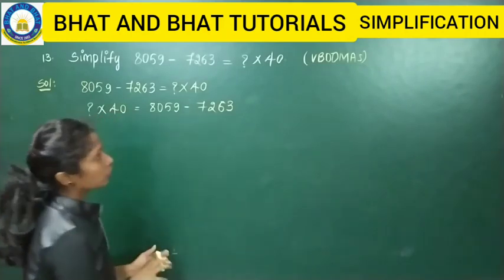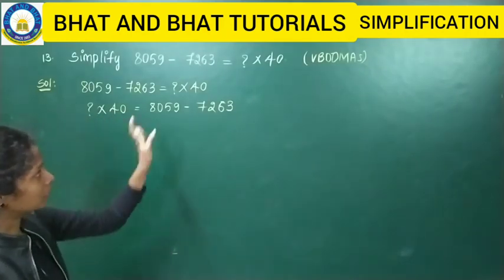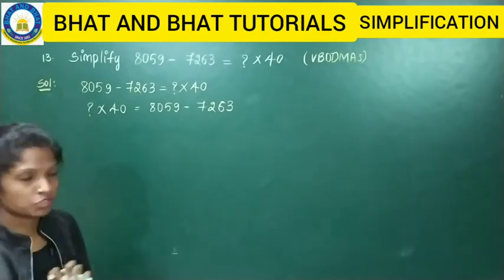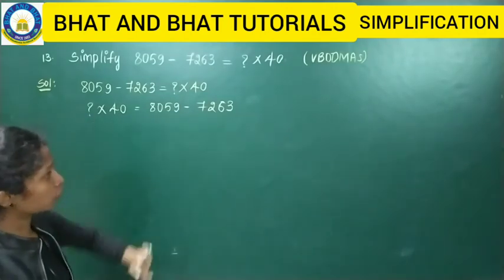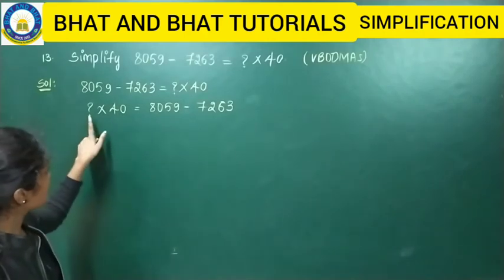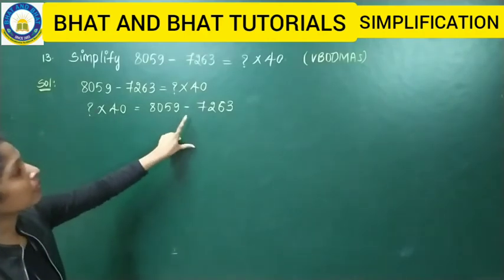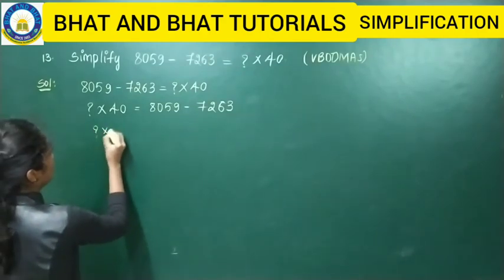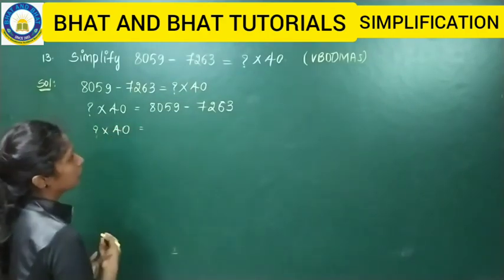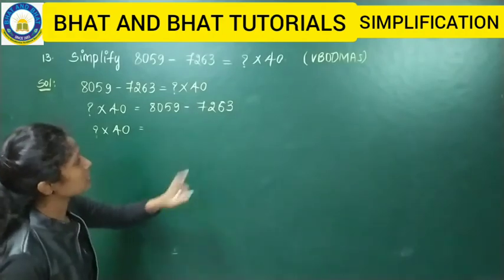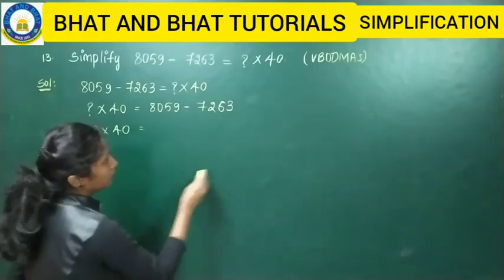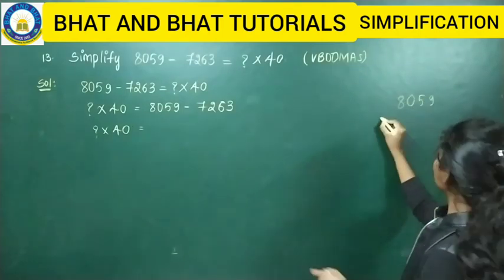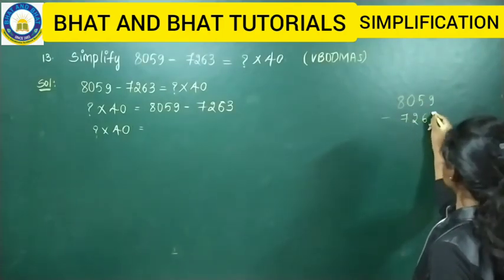Why am I taking it on the right hand side? Because that is the multiplication which we have to solve by finding the value of question mark. But since there is no number, we will be going directly with the subtraction. Into 40 is equal to 8059 minus 7263.